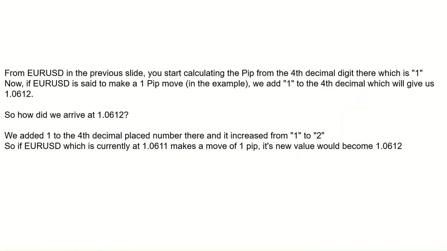So how did we arrive at 1.0612? We added 1 to the fourth decimal place number, and it increased from 1 to 2. So if EUR/USD, which is currently at 1.0611, makes a move of 1 pip, its new value would become 1.0612.